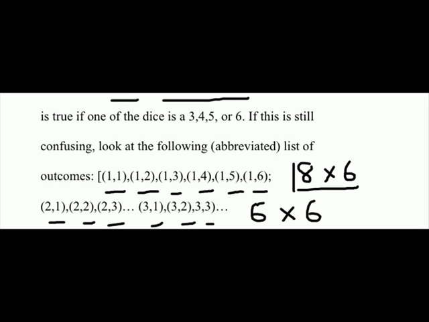So this is an important concept, and often to find out the total number of ways in which the event can occur, which is the number in the sample space, is more tricky than finding out the number of ways in which the favorable event can occur.